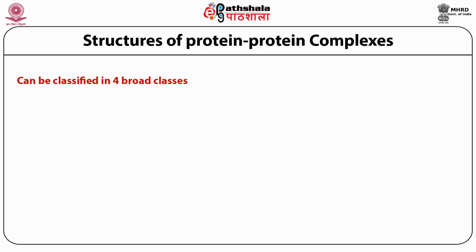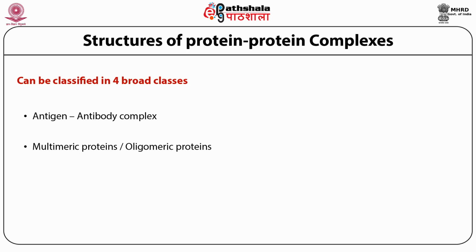So all the protein complex structures which we have are either antigen-antibody complexes or enzyme-inhibitor complexes. There are also many proteins which form oligomers like dimers, trimers, tetramers, hexamers, etc. The interaction between these protein monomers is also an example of protein-protein interactions.